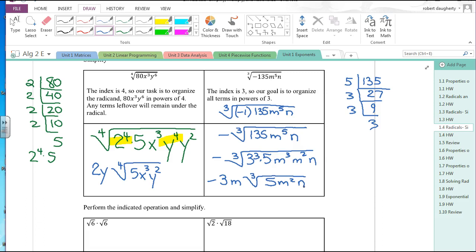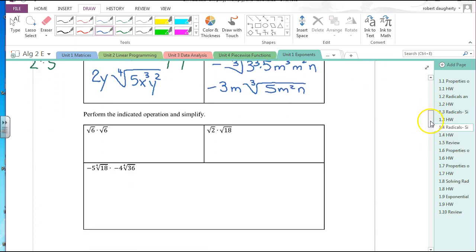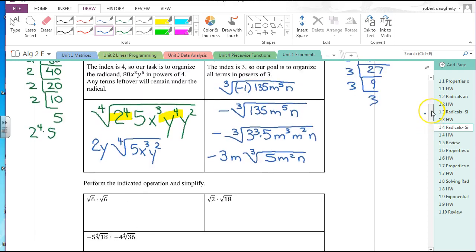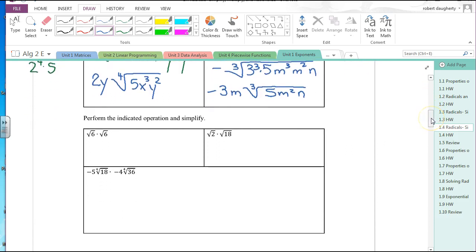Now, let's look at what happens when we start multiplying radical expressions together. This one's pretty easy. Square root of 6 times the square root of 6 is what? What's the square root of 6 times square root of 6? It's 6, okay? You know that.